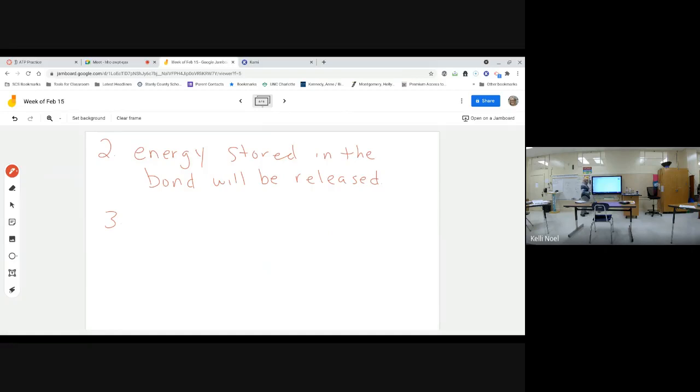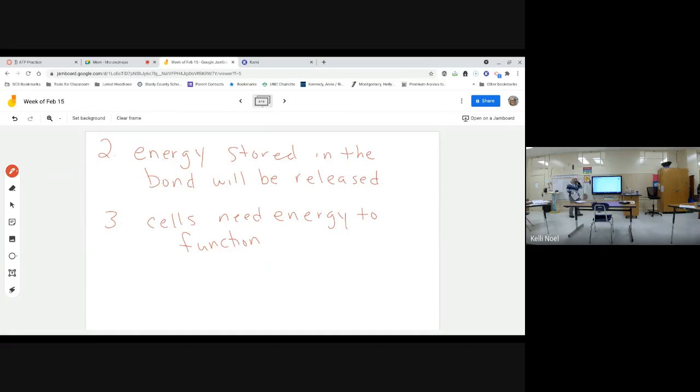So when cells need energy to function, blinking your eyes, moving your eyes, walking, running, writing, typing, any movement, anything your body needs to do that uses energy, then that third phosphate would need to be removed.